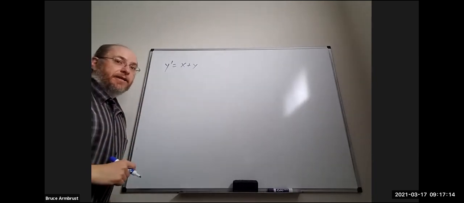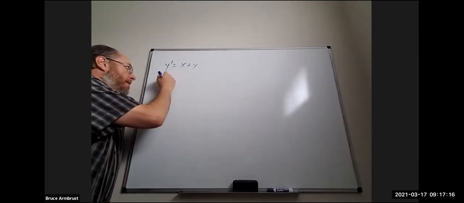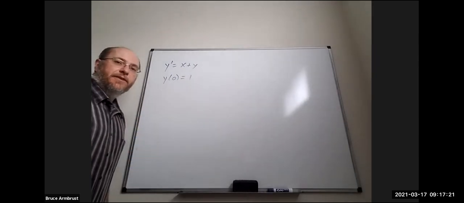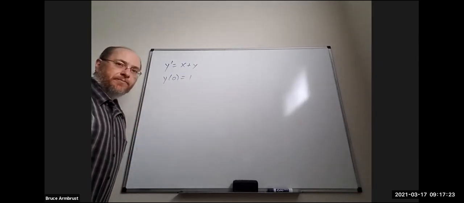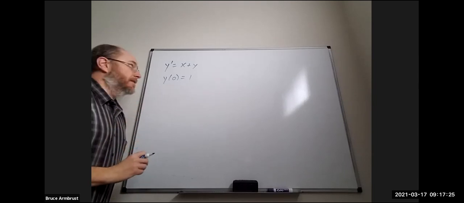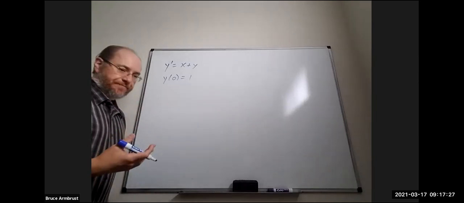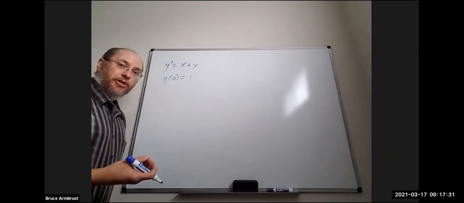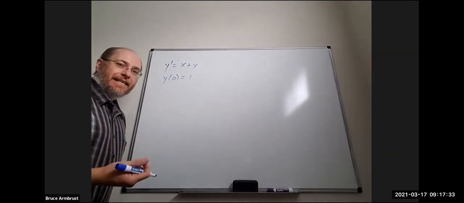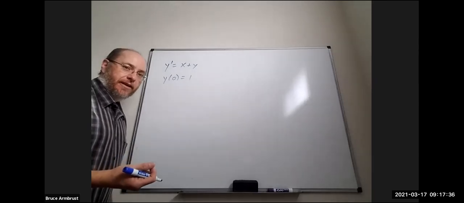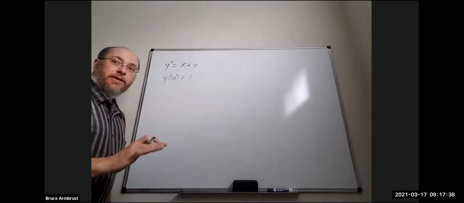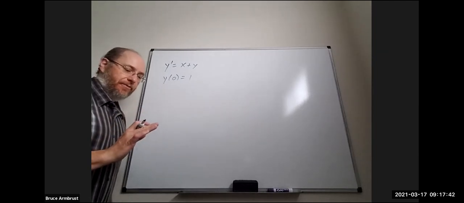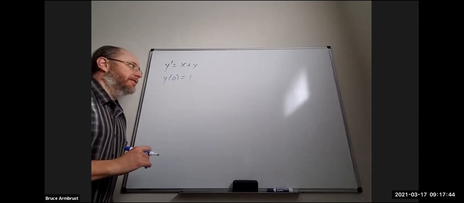And I want to give you an initial condition. Let's say y of 0 equals 1. So we're going to find a particular solution to this. Now, Euler's method's not going to get us an exact solution, but it's going to give us an idea of what this solution should look like. So this is really numerical, like lots of calculation with our calculator and everything.